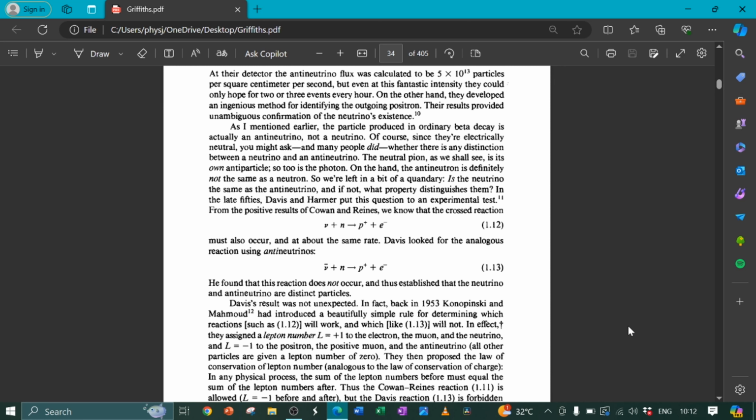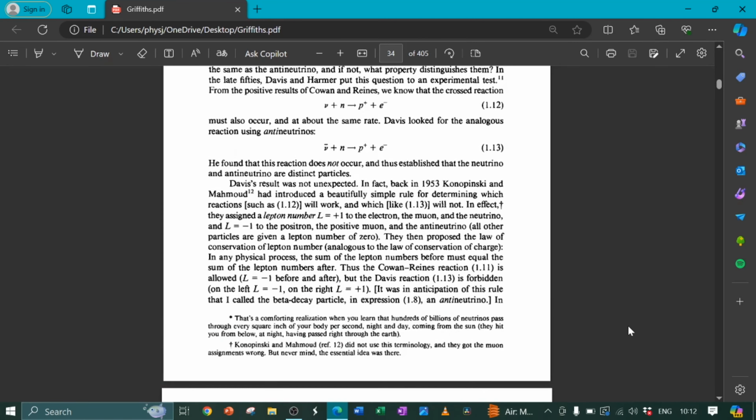Antineutrino plus neutron goes to proton plus electron. He found that this reaction does not occur and thus established that the neutrino and antineutrino are distinct particles.